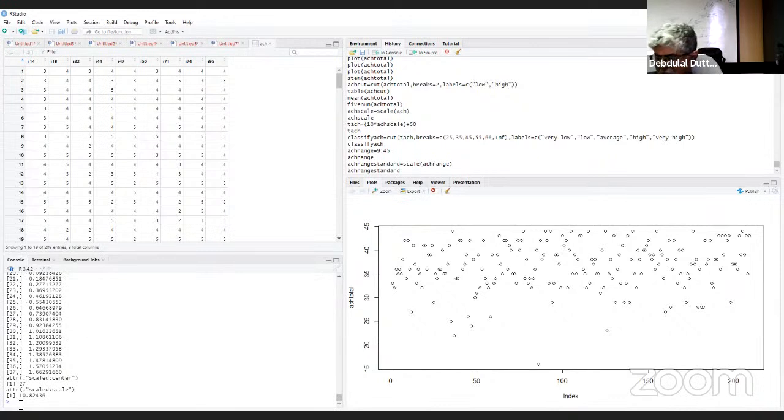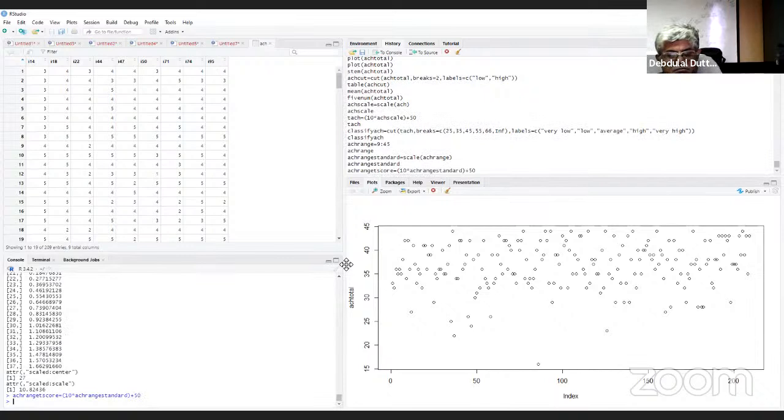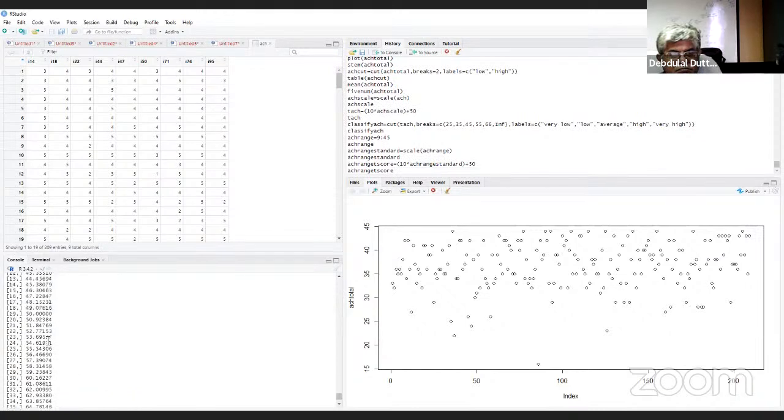And now again, we have to find out the T-score of this. So this is the T-score that we got of the range.